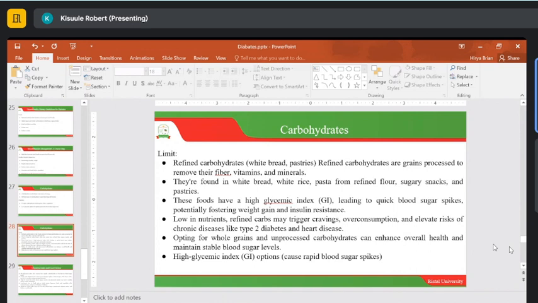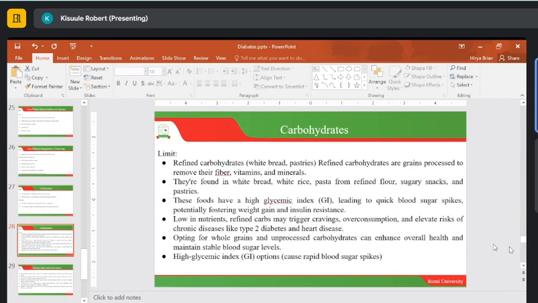Okay, I hope you still remember, or some of you have come across the term empty calories. When we talk of empty calories, we are saying these are foods that only give us calories, that is, only one nutrient. For example, I don't want to use beverages, but I feel myself drawn to using Coca-Cola every time.